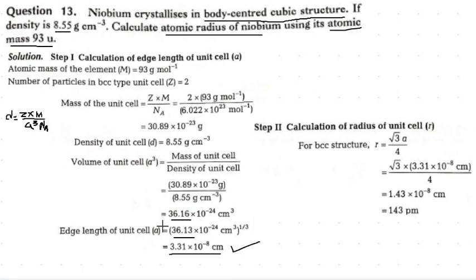Okay, now what you are having is the cell edge length, and what you need to find is the atomic radius. Okay, so what is the formula which correlates this cell edge length and atomic radius? Let us recall.